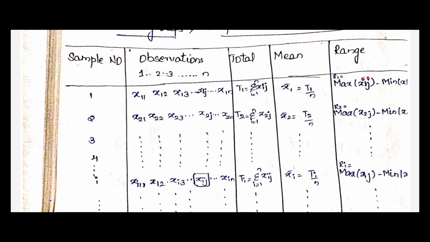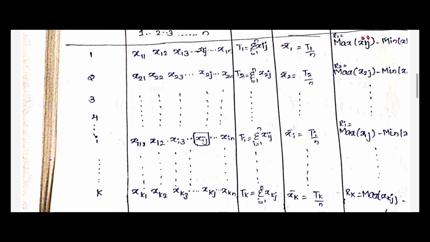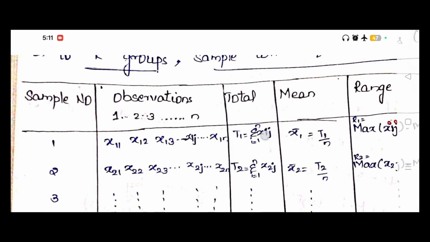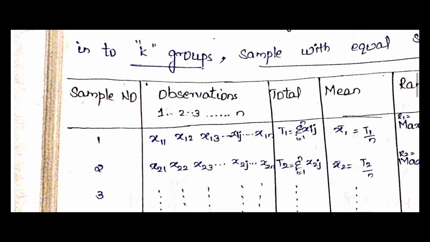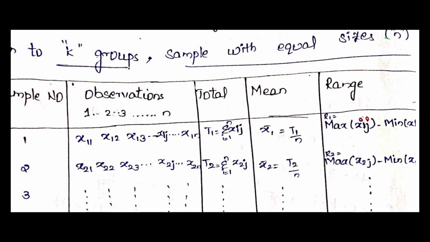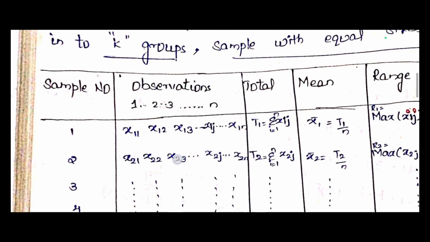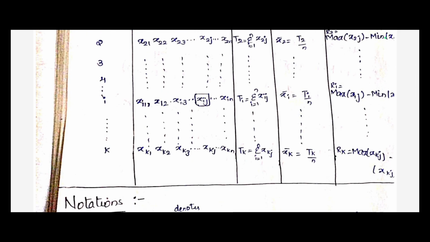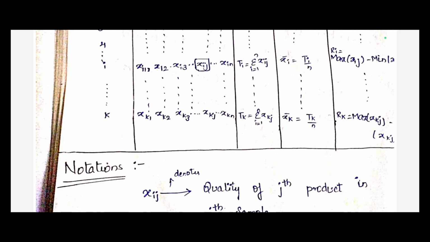T1 divided by n is the mean of the first row, and T2 divided by n is the mean of the second row. Like that we get xi bar. Here we also calculate the range, the maximum value of the row minus the minimum value of the row. Similarly, we calculate for all the k values.